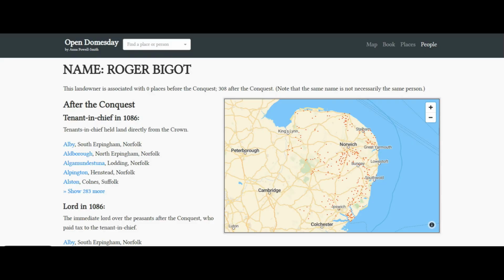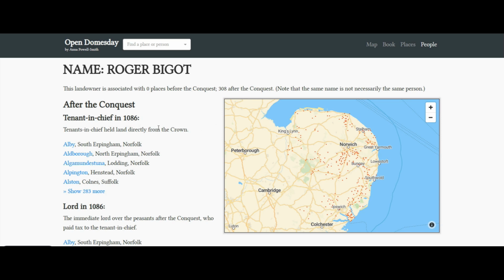If you look at Roger Bigot on the Domesday Book, he'd got nothing before the conquest, obviously, because that's when he came over, and he got 308 ownerships of land after the conquest.